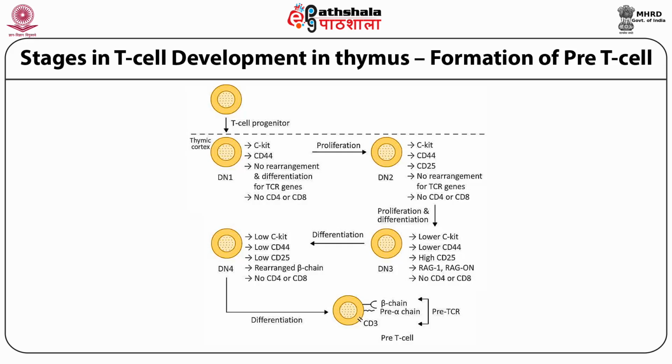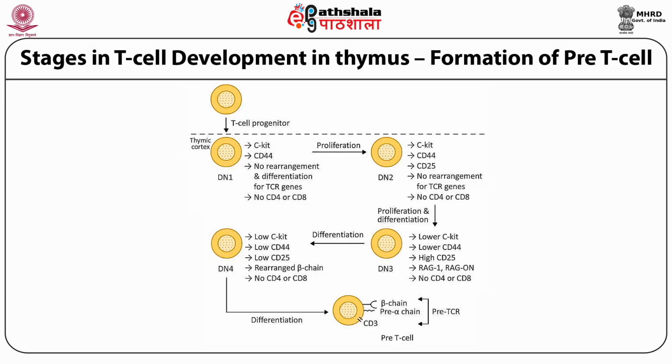At the same time, it starts expressing RAG1 and RAG2 genes, the proteins of which are required for successful rearrangement of TCR genes, alpha and beta chains. And still the cell is negative for CD4 and CD8 co-receptors. The thymocyte in this stage is known as the double negative 3 stage.